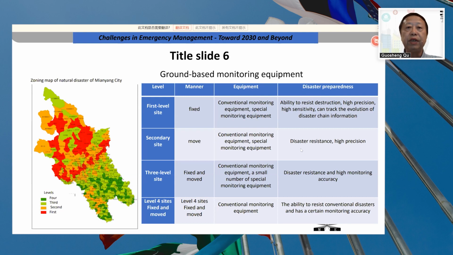And then we have level 3 and level 4, focusing on high-density population areas. We can plan these kinds of ground-based monitoring equipment. So we have space, sky, ground, and also the sea area.